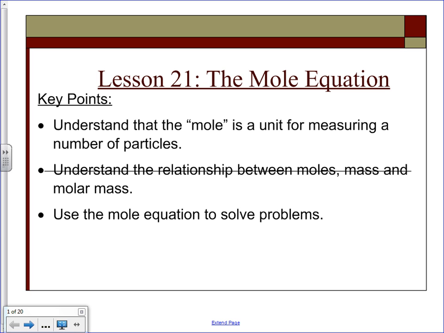Well, a mole works the same way. A mole represents a certain number of particles, and it's easier to say a mole than it is to say this.